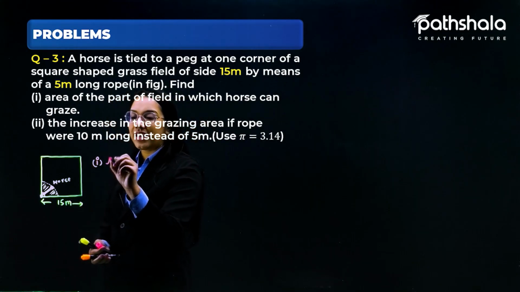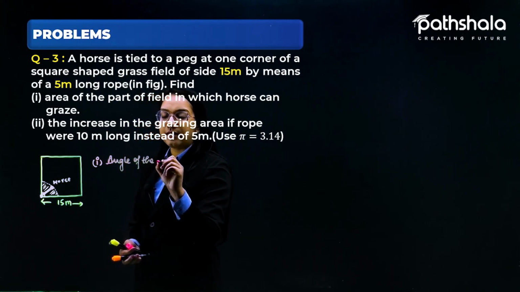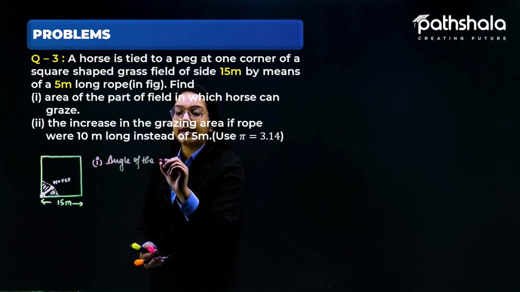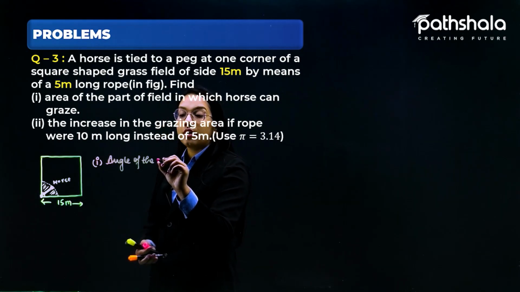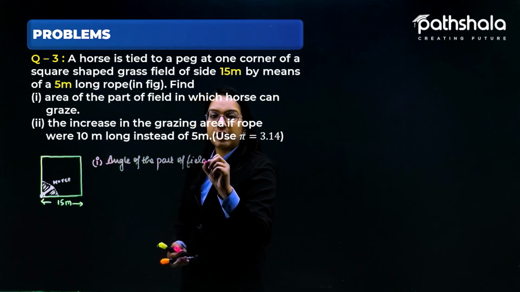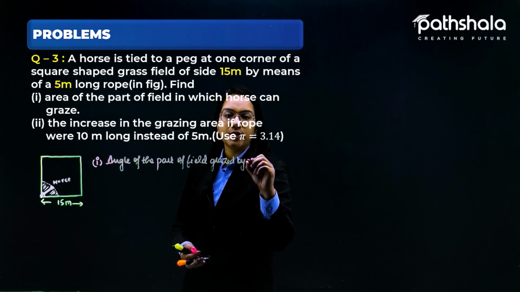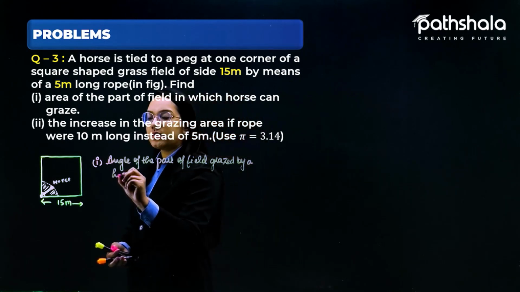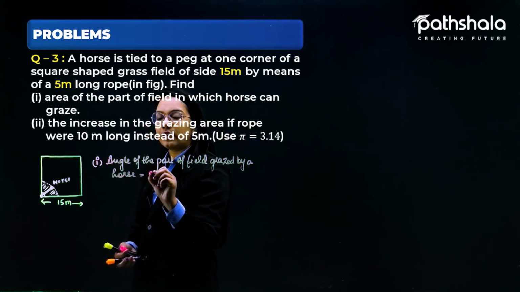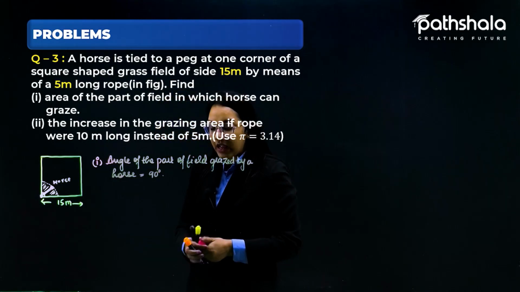So first of all, the angle of the part of the field grazed by the horse is equal to 90 degrees. You can see that the angle forming over here is 90 degrees.